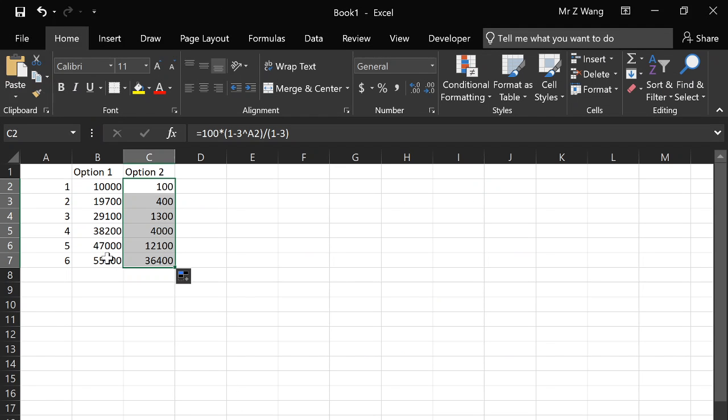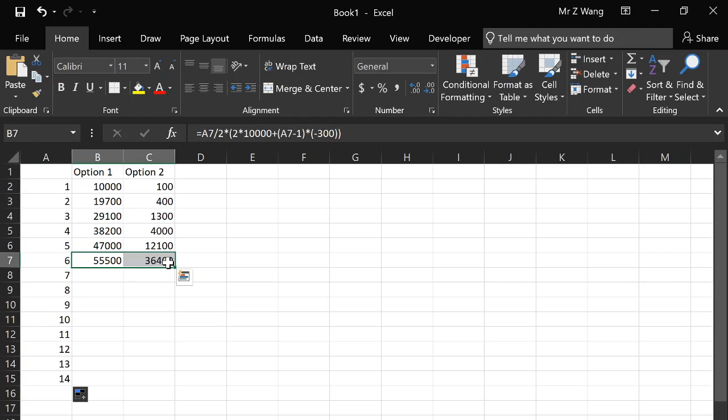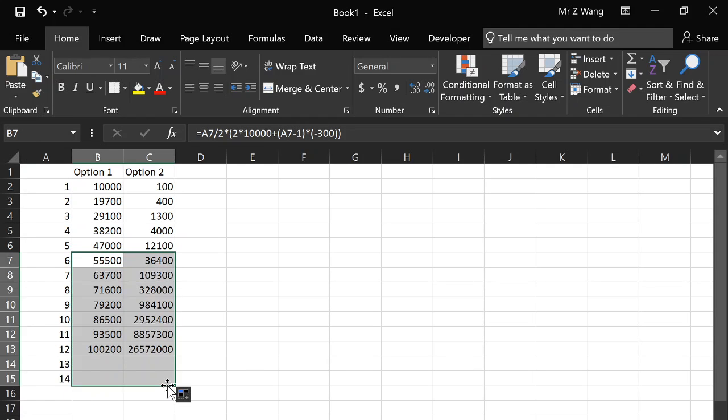And then you just continue on to years 7, 8, 9, 10, 11, 12. You might have to go a little bit further, but not a lot further.